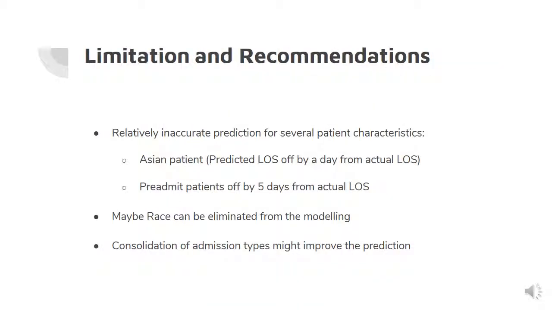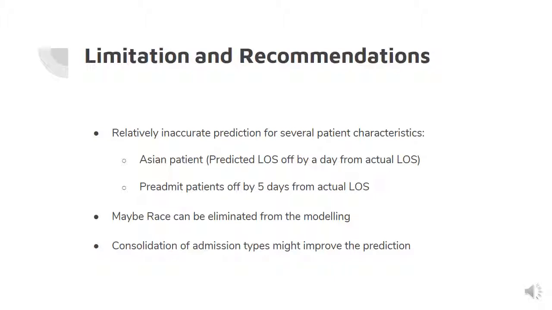Based on our report, we came up with some limitations for our prediction model. The first one could be that our Asian patients came up with the predicted LOS that was off by a day from the actual LOS, and the other one could be the pre-admit patient types that came up with the predicted LOS that was 5 days off from the actual LOS.